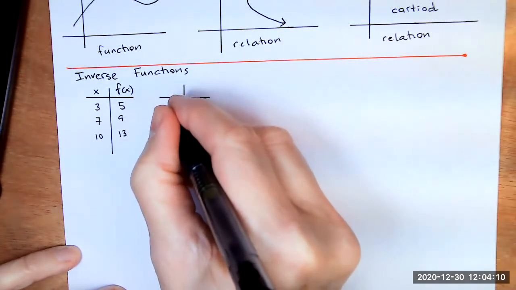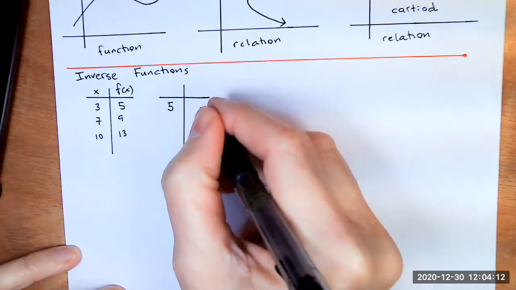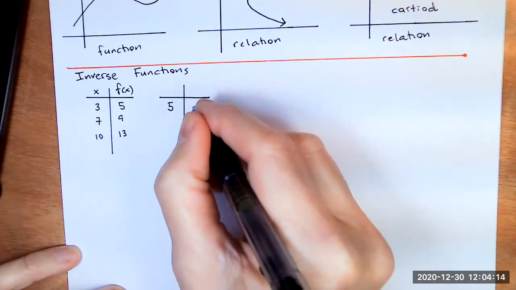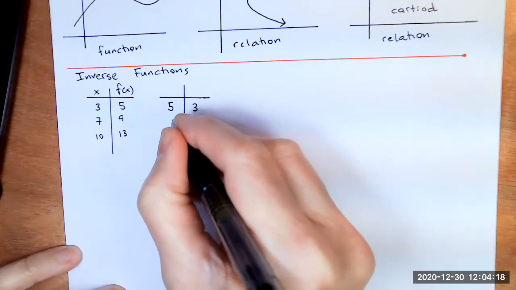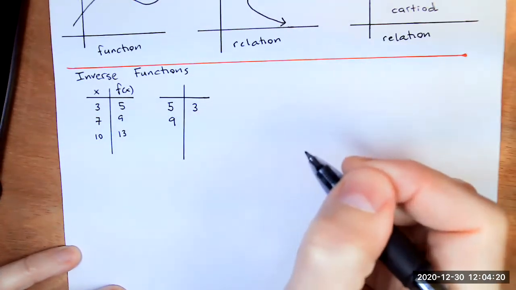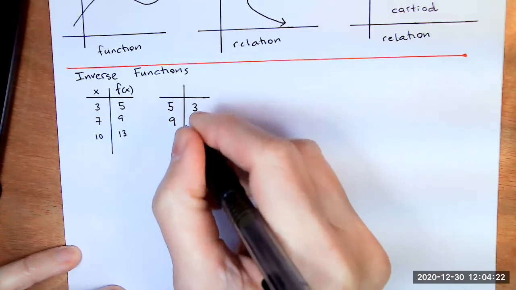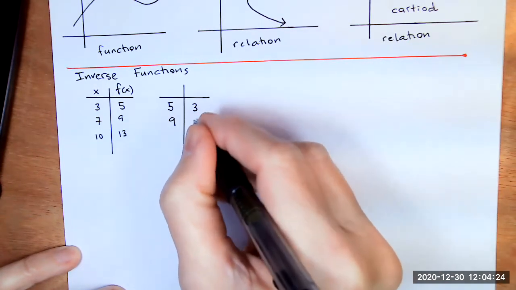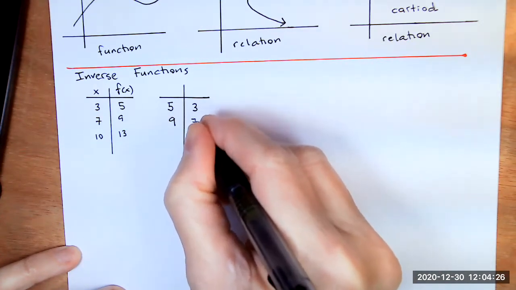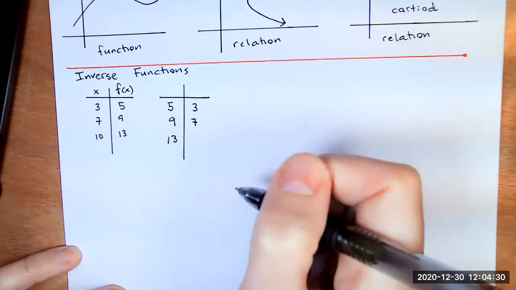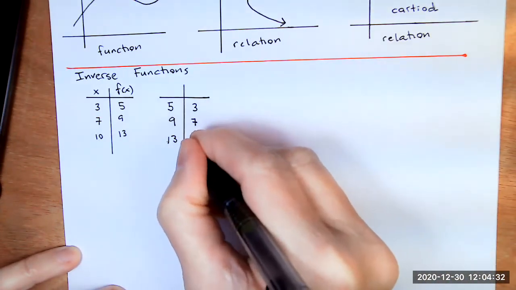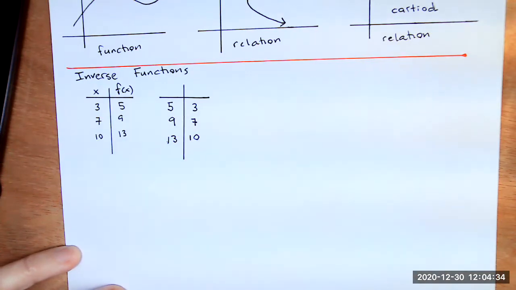So if your input is 5, for the inverse function, the output will be 3. If I input 7, what do you think the output will be? I mean, if I input 9, the output will be 7. And if the input is 13, what do you think the output will be? If you guessed 10, you guessed correctly.